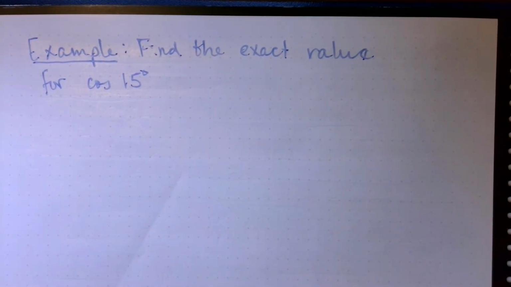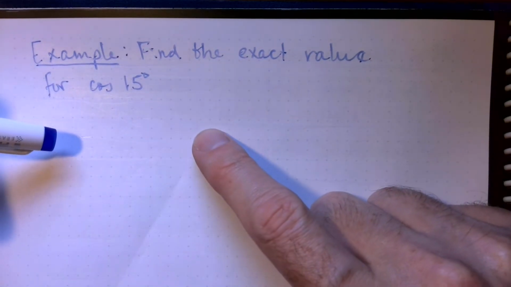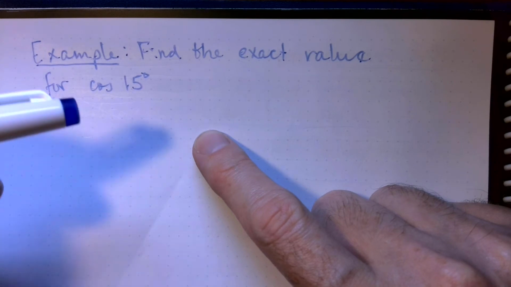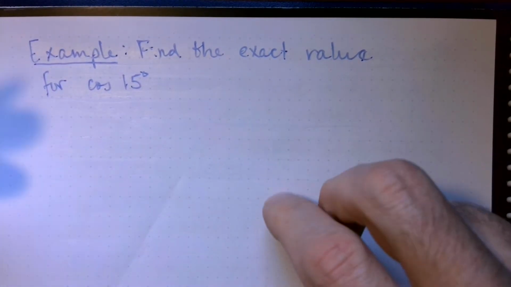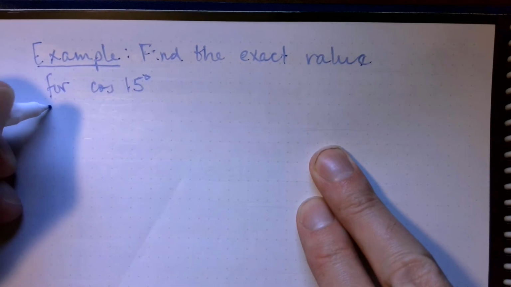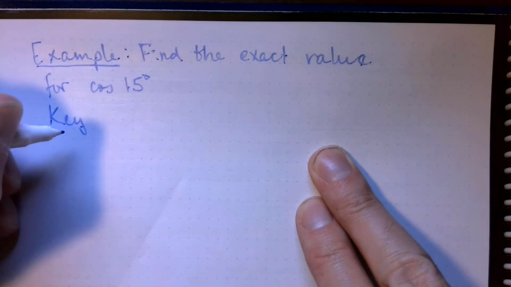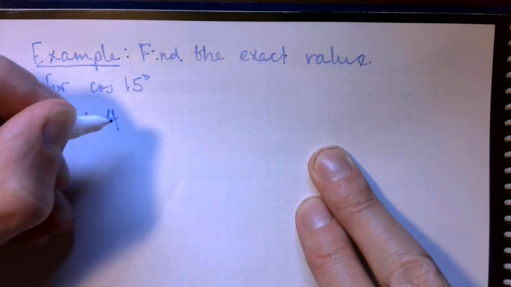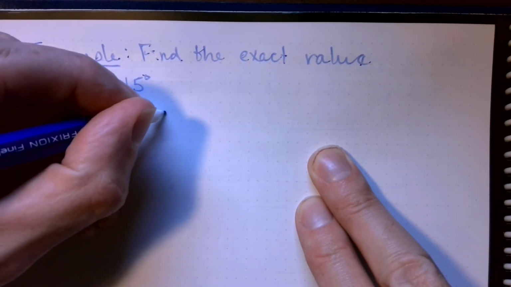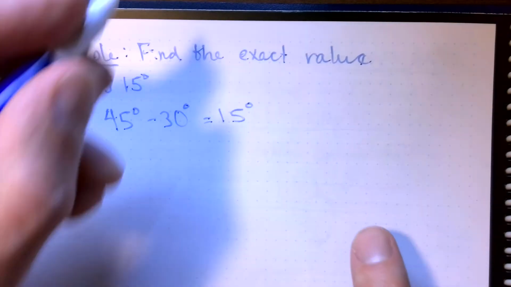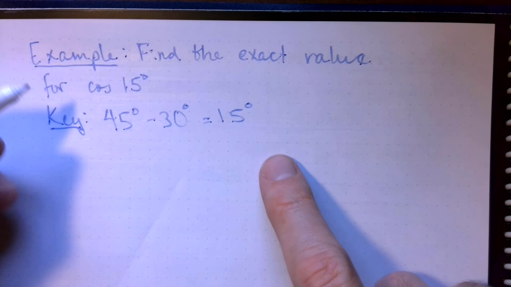So let's do this problem here. We are asked to find the exact value of the cosine of 15 degrees. The key step here is to recognize that 15 degrees is a difference of two special angles.